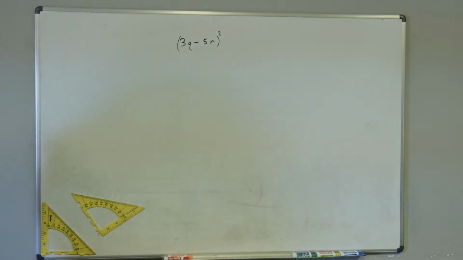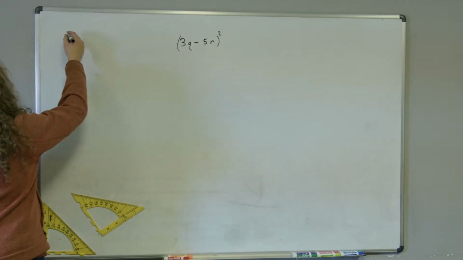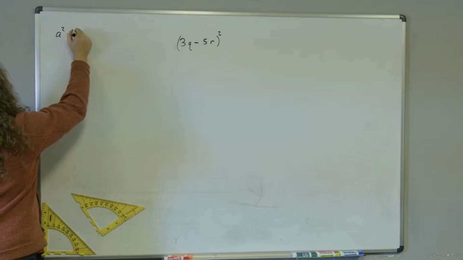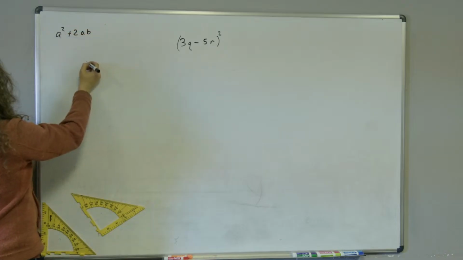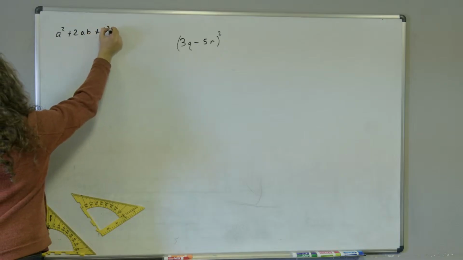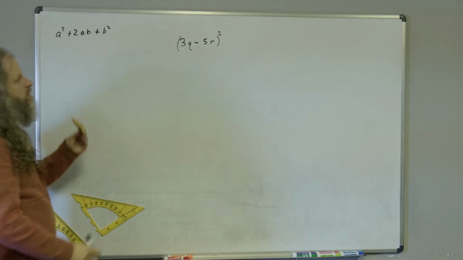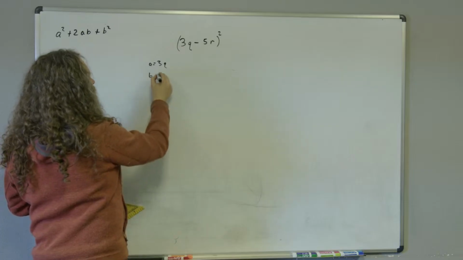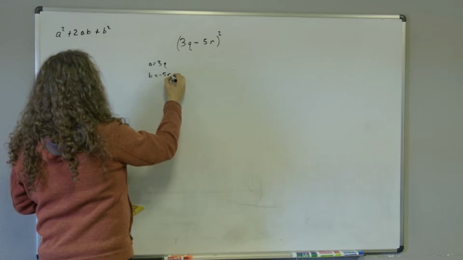What is the binomial square theorem? Those of you who did the shortcut. Is that the first 32? The binomial square theorem, you said? Yeah, that's right. Good. On this problem, what's A? 3q. What's B? 5r, or negative 5r.